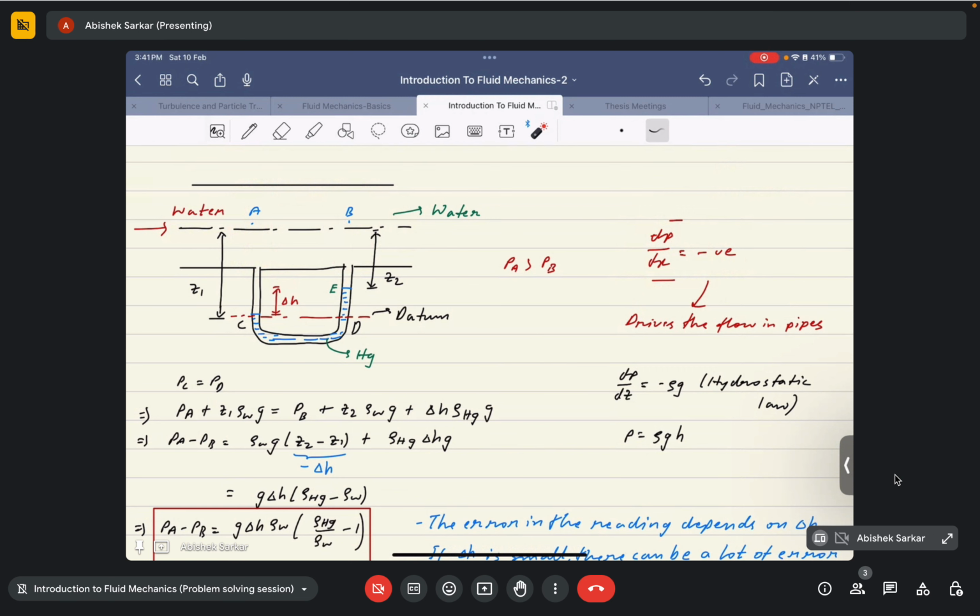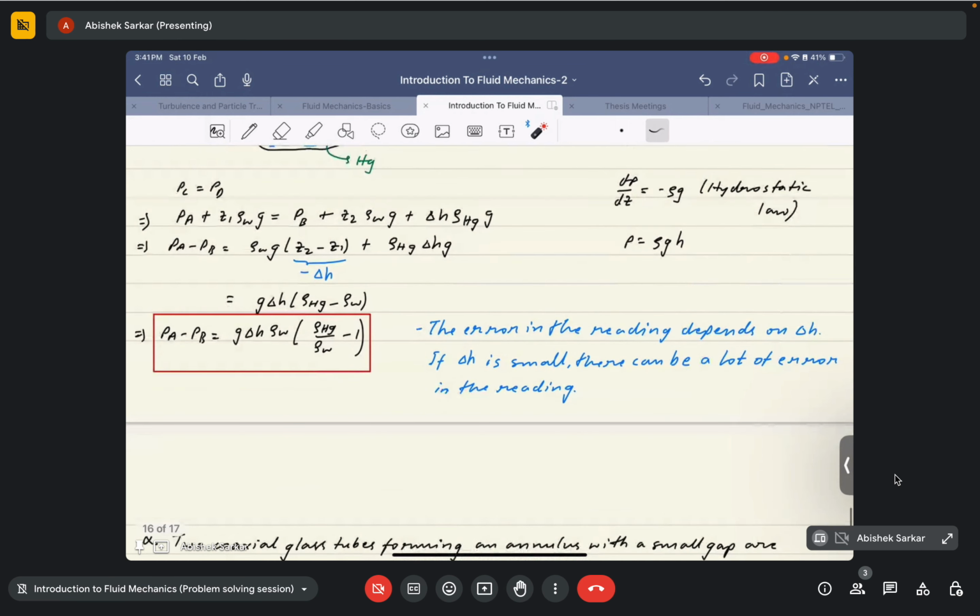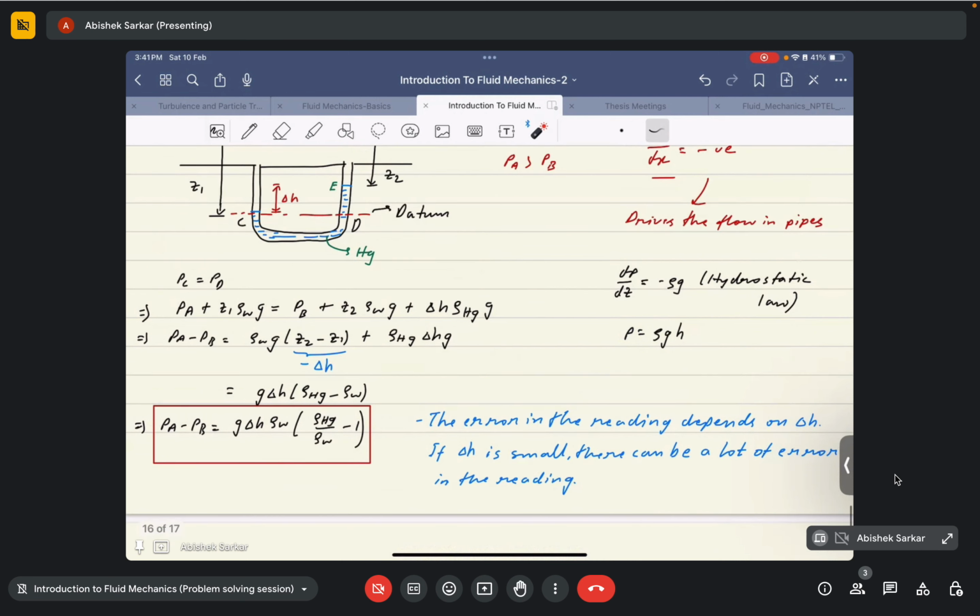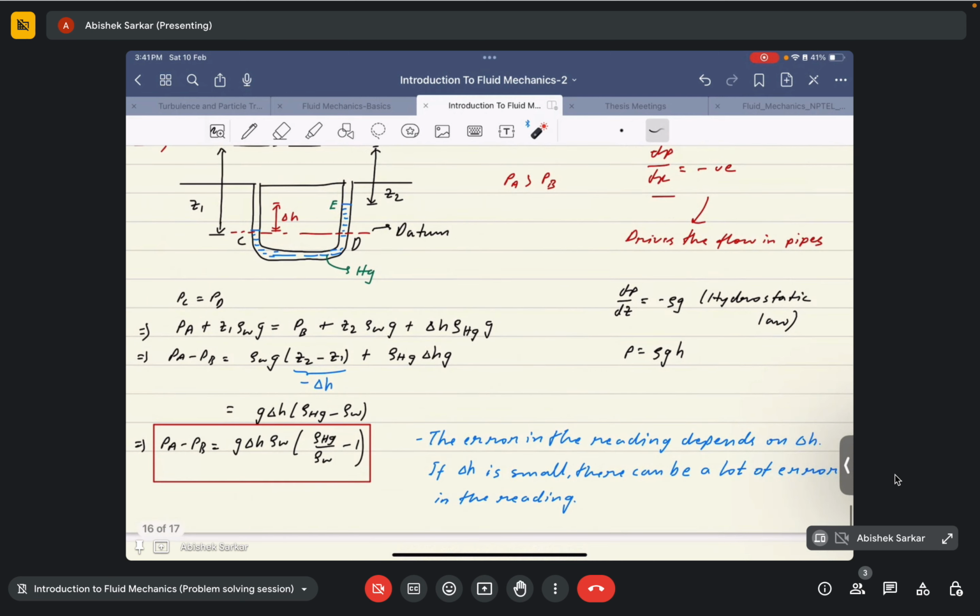Okay. Since up to this point the derivation is clear, now it's just the rearrangement of the terms. PA minus PB is equal to rho W g (Z2 minus Z1) plus rho Hg g delta H. Now Z2 minus Z1 would be minus delta H, because Z2 is lesser than Z1, right?